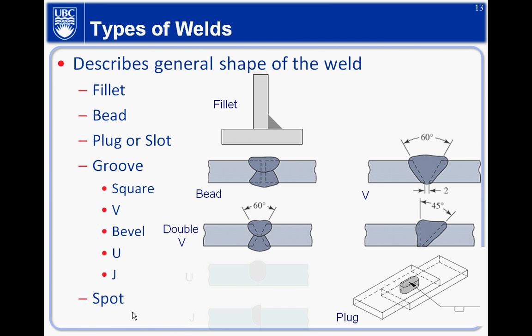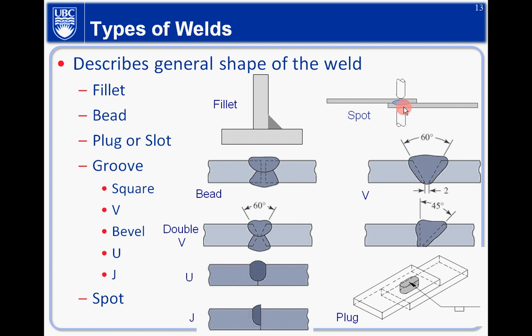Spot weld is like this. Spot weld is very commonly seen in the automobile manufacturing process, particularly in joining automobile bodies. It doesn't use any filler material.